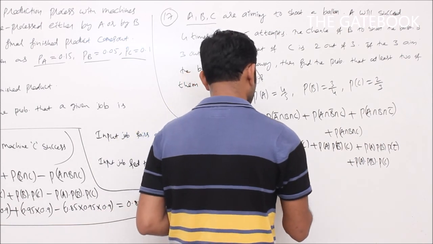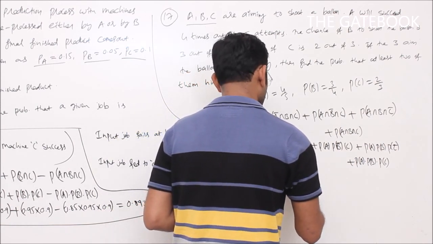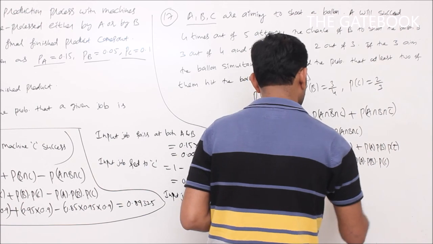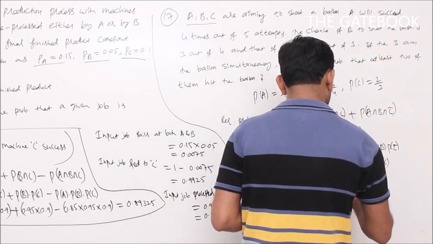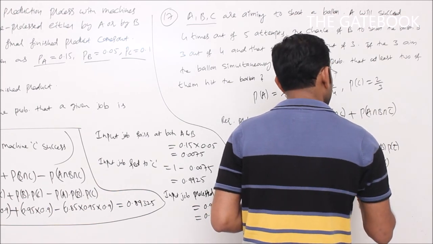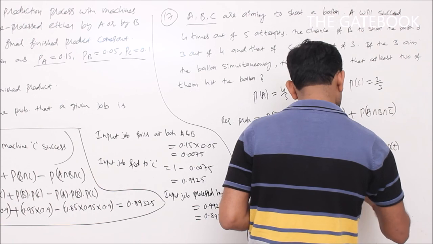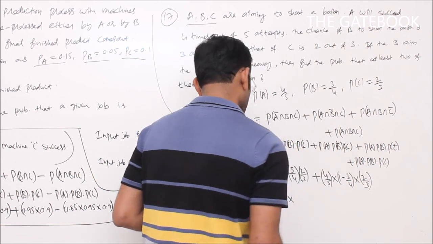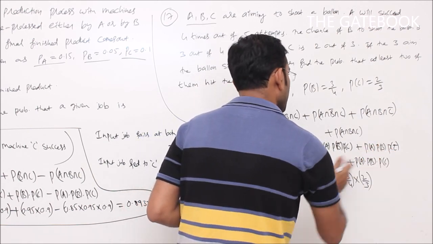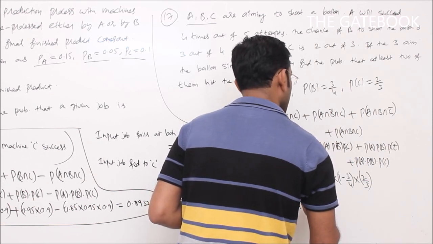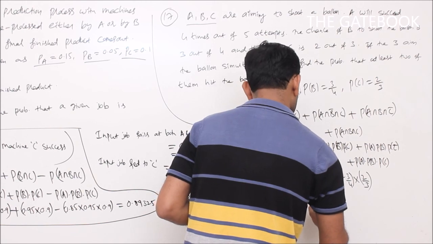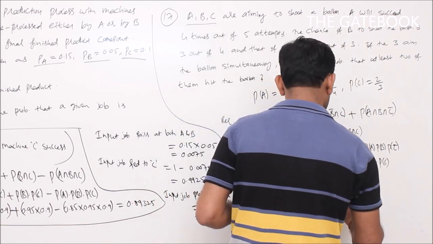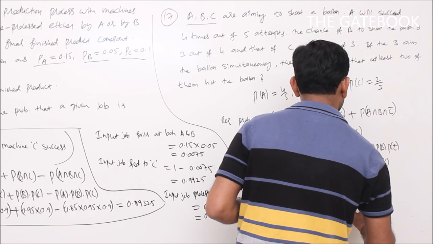1 minus P of A means 1 minus 4 by 5, into P of B which is 3 by 4, into P of C which is 2 by 3, plus P of A which is 4 by 5, into P of B bar which is 1 minus 3 by 4, into P of C which is 2 by 3, plus again P of A, 4 by 5, into P of B which is 3 by 4, into P of C bar which is 1 minus 2 by 3, plus P of A into P of B into P of C, 4 by 5 into 3 by 4 into 2 by 3.